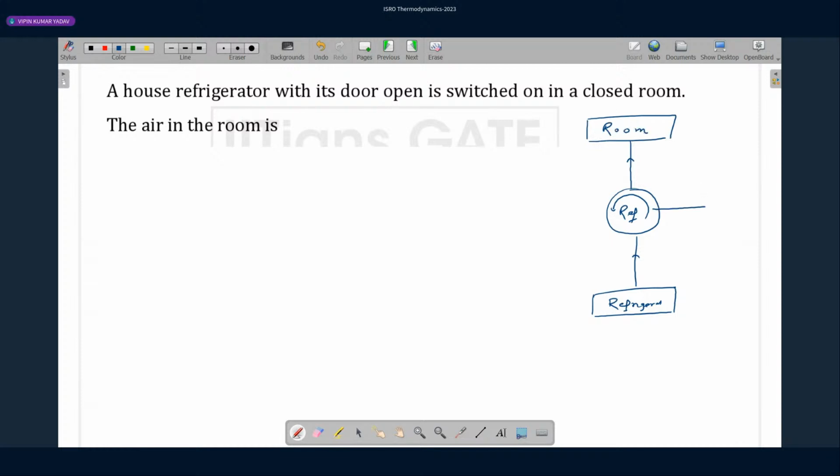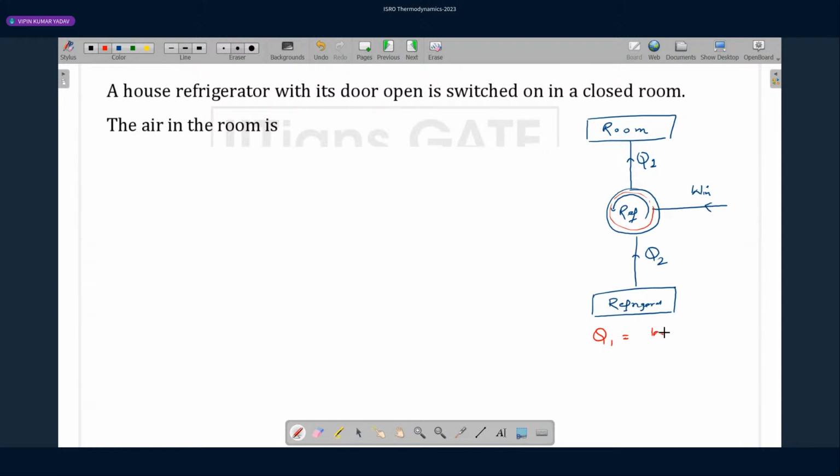Okay. And to do this, you have to provide some work output. So what is this work output? Your electric energy.